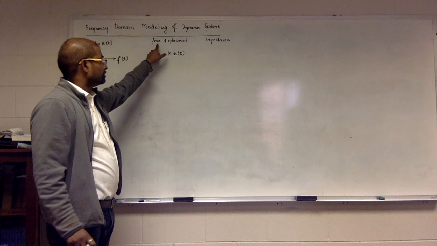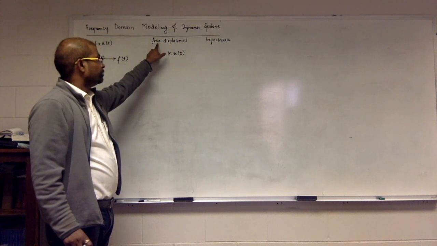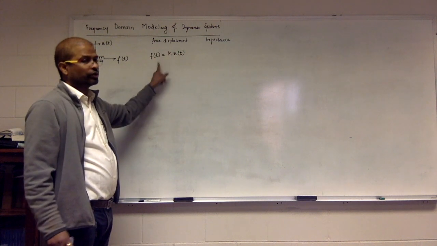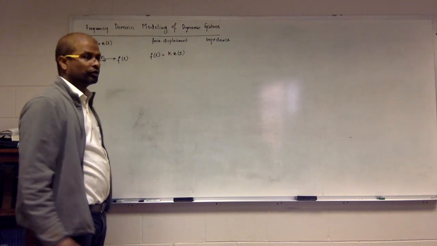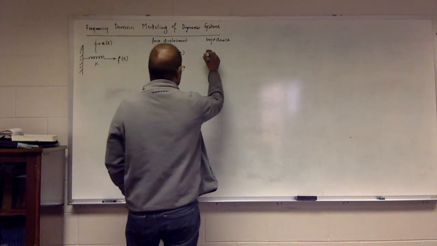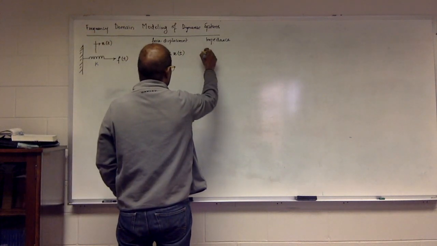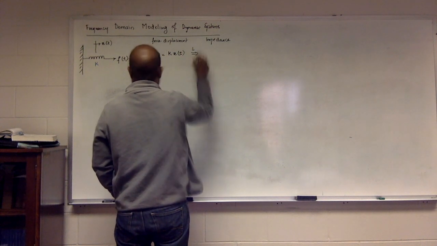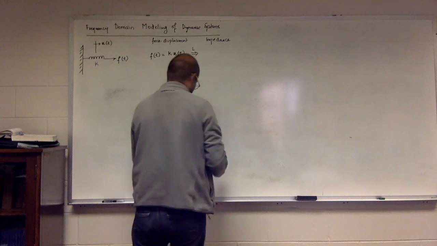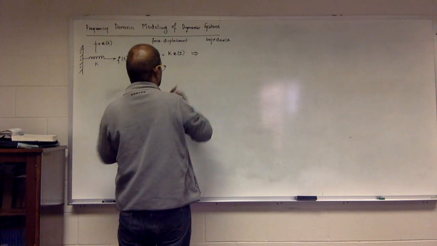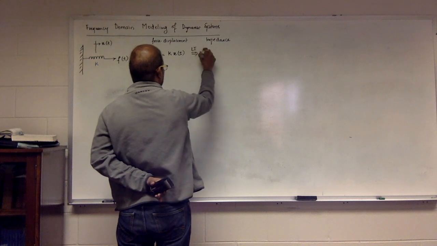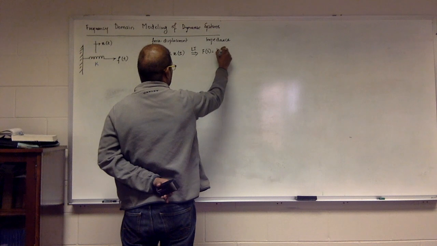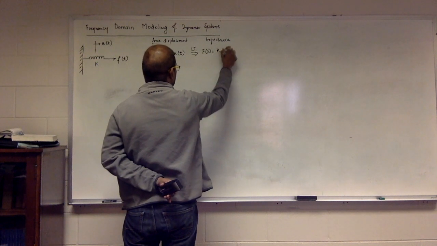Input. This is output. What we are looking at is the input-output relationship, always. If you take the Laplace transform of this, what you're going to get is F of s is equal to k into X of s.